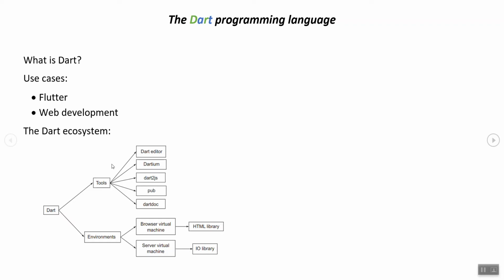And about the Dart ecosystem, Dart is not just a language. Dart is a complete ecosystem which provides developers with the tools that they need to develop apps with Dart. About the tools, Dart has an editor made by Google called Dart Editor. It is an Eclipse-based editor that developers can use to develop Dart applications.